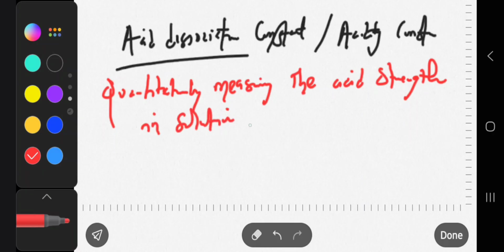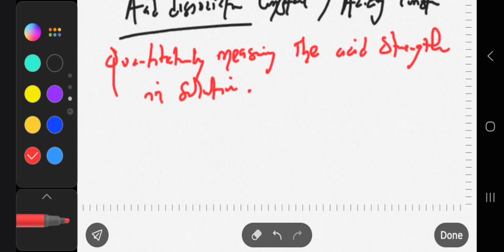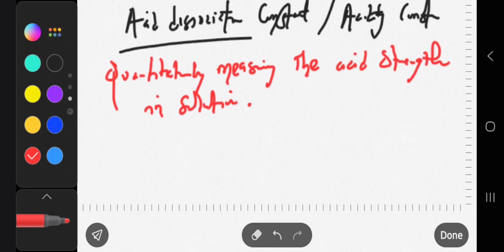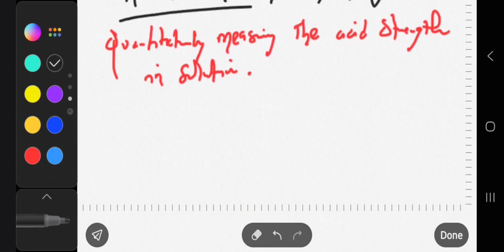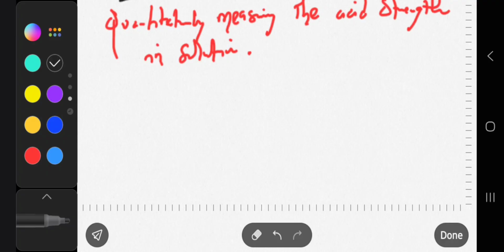So this is a way we get to know the strength of an acid in solution. I basically want to focus more on the calculation aspect of it, graphing and the rest.